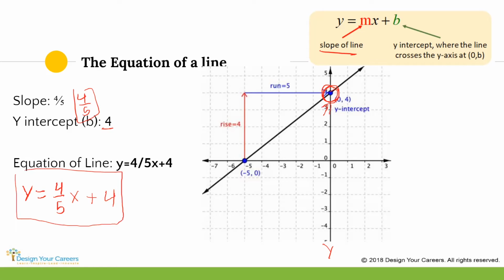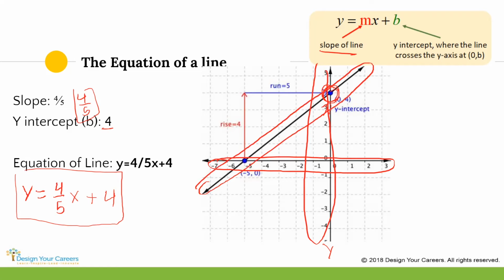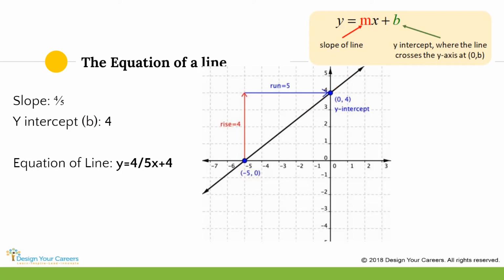All right, so this equation tells us that anytime we plug in any of the points that should be on this line, if we plug in an x, if we plug in a y, if we plug in both, the statement will always be true. Let's try one, for example. Let's take this point over here, -5, 0.